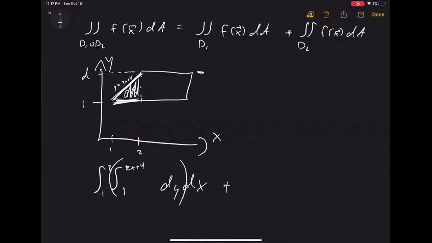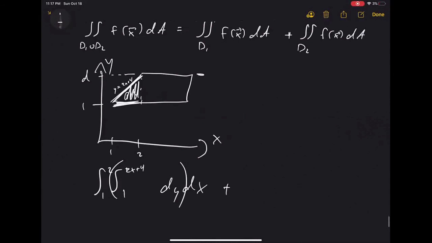Okay, and then let's see. One to two, let's see. What is the integral on this region? Well, once I'm on this region, this is just a rectangular region, right? So it should be all constants.